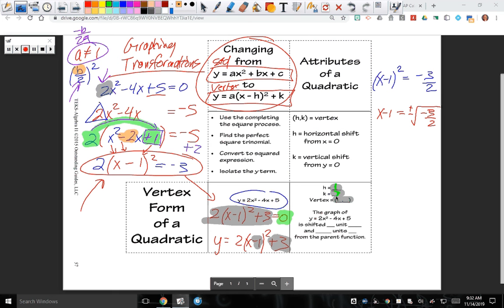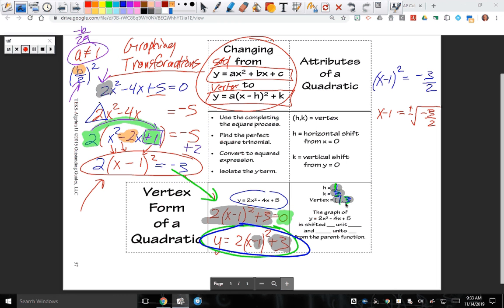So what is my vertex? 1, 3. Y'all understand? So this form right here, when I get it equal to 0, I can actually see it like transformations. I can see it as vertical stretches, compressions, shifts, reflections, all of that good stuff that you guys are really, really good at. Okay? So 1, 3 is the vertex.